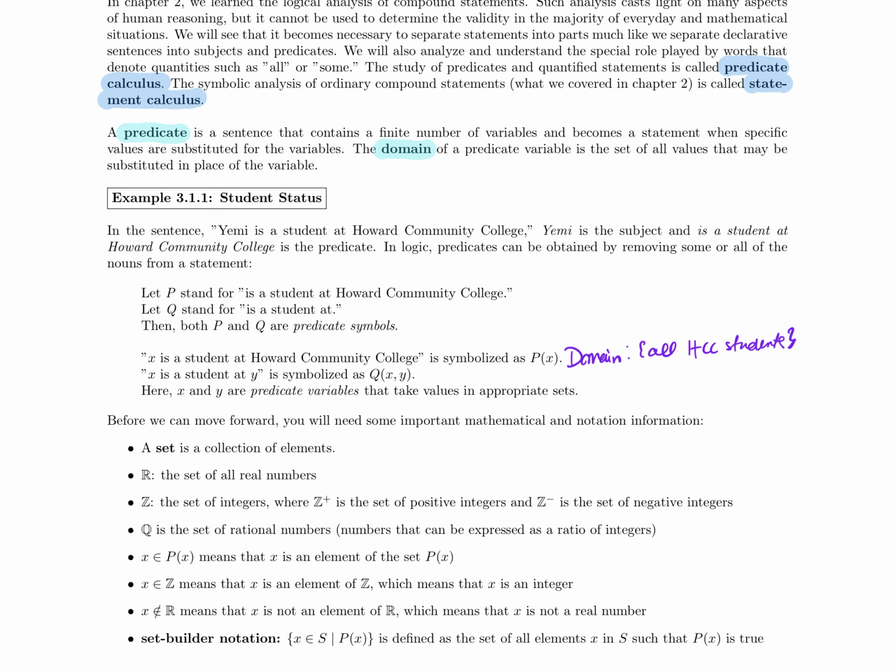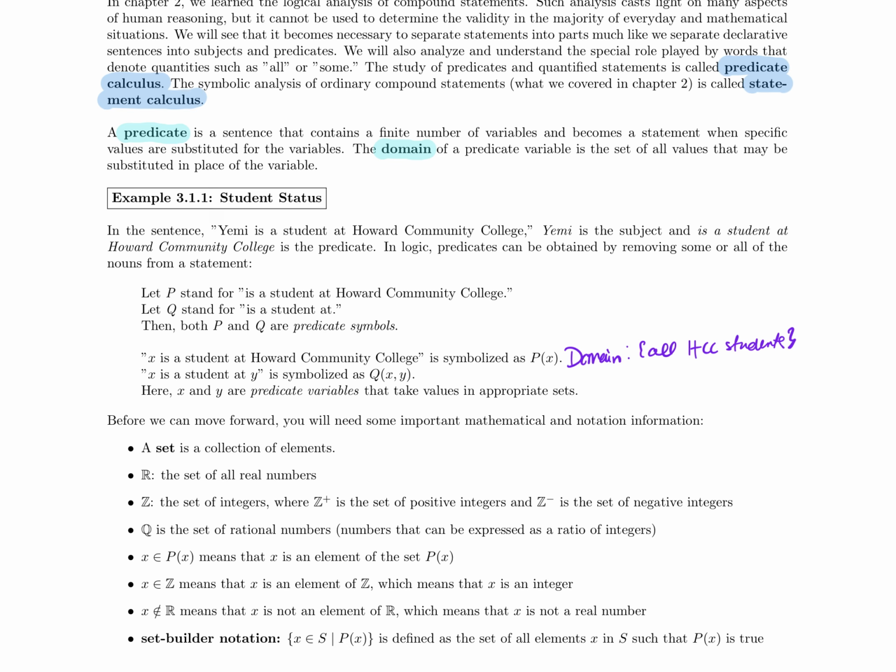But what happens if I remove another noun from the statement? Then we say x is a student at y, and we will symbolize this as Q of, now two inputs, x and y.